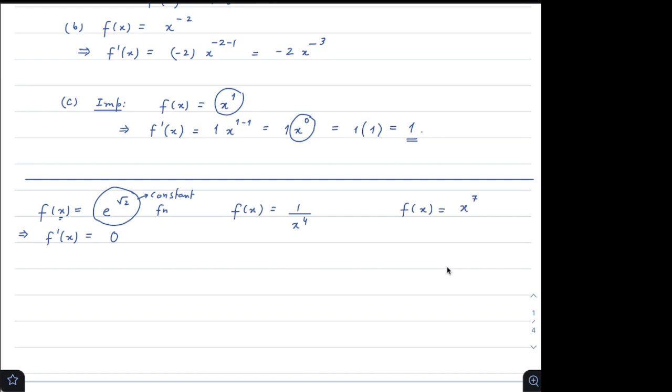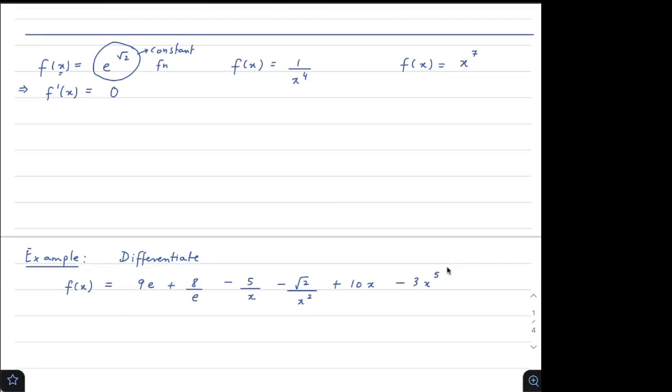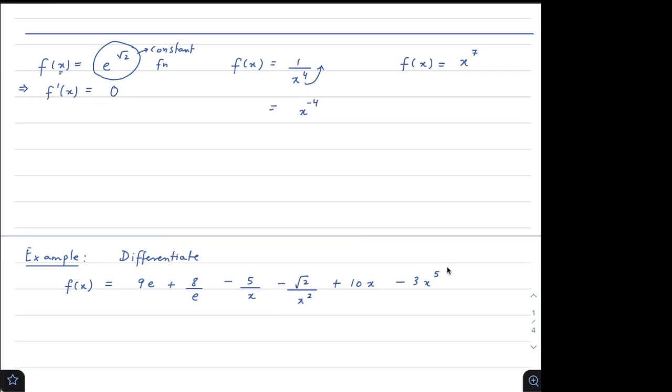Getting to the second one, please note that 1 over x to the power 4 can be written as x to the power negative 4. So please try to rewrite this function in this way before you even differentiate it.